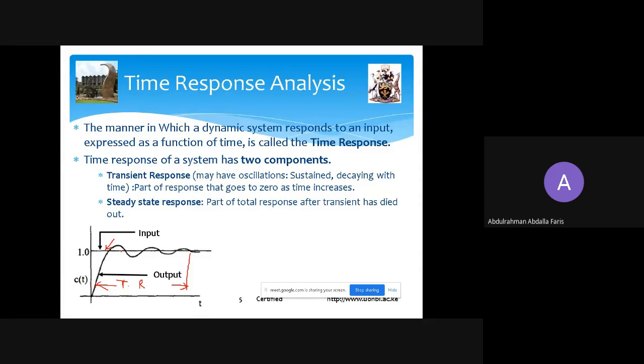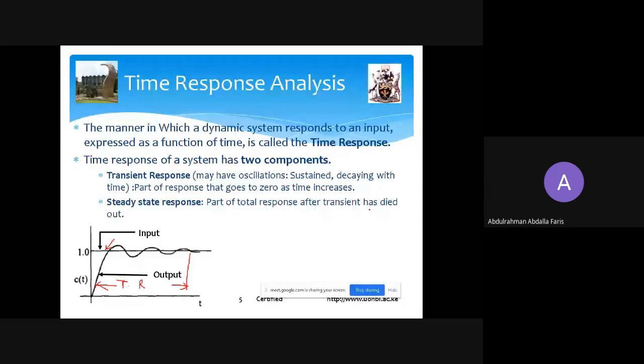So we want a system which, once it has responded, the oscillations of the transient response go to zero, or they decay.